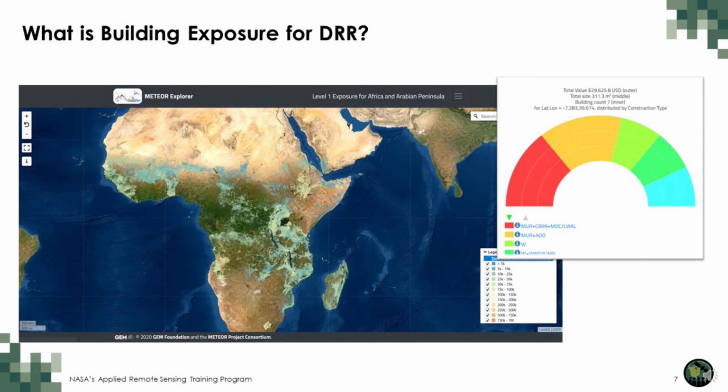And here we have some codes which map to specific vulnerability functions or damage functions that will estimate, given an amount of peak ground acceleration typically, or ground motion, what they expect the damage to those facilities to be. So for example, here we've got W, that's simply wood frame, and then several other codes that map directly to construction types.